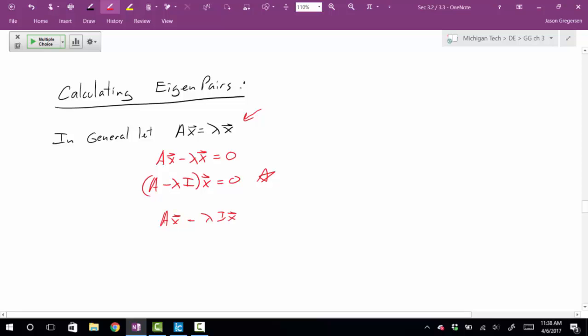The whole idea about the identity matrix is that identity times x is just x. Now, the reason I had to add it is because I'm taking this matrix, which in general is an n by n thing. I can't subtract a number from this matrix. So the identity here gives me the right dimensions to do the subtraction. But it doesn't actually change the statement of the equation at all. It's still equivalent.